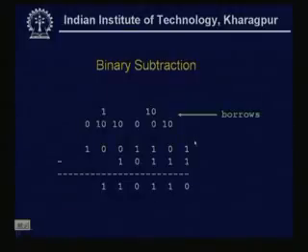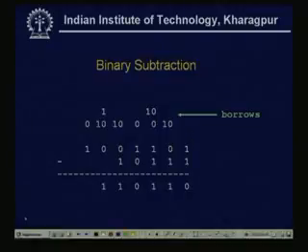Now, if I write the addition rule, the rules are 0 plus 0 equal to 0, 0 plus 1 equal to 1, 1 plus 0 equal to 1, 1 plus 1 equal to 0, carry 1.